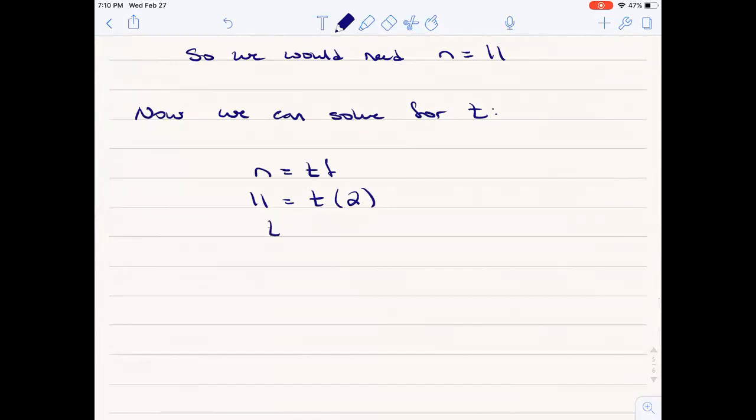So now T is 11 divided by 2, 5.5. T is always in years. And for T, we can have decimals. 5.5 years. We all understand what that is. In fact, you don't have to convert it to 5 years and 6 months or anything silly like that.